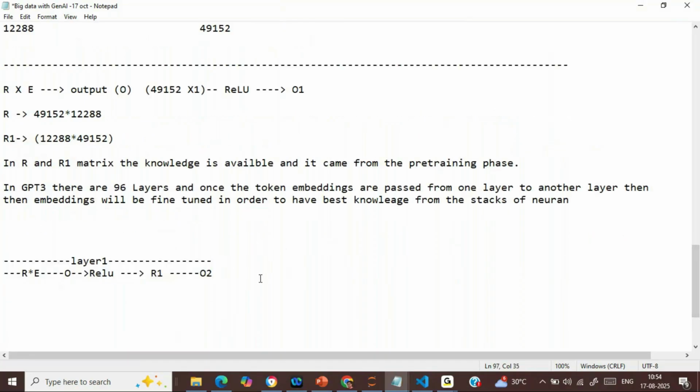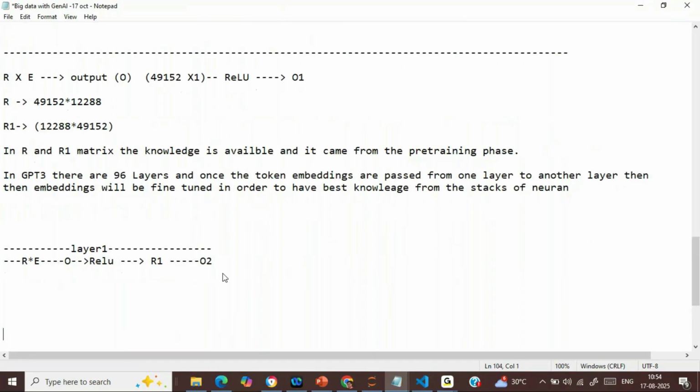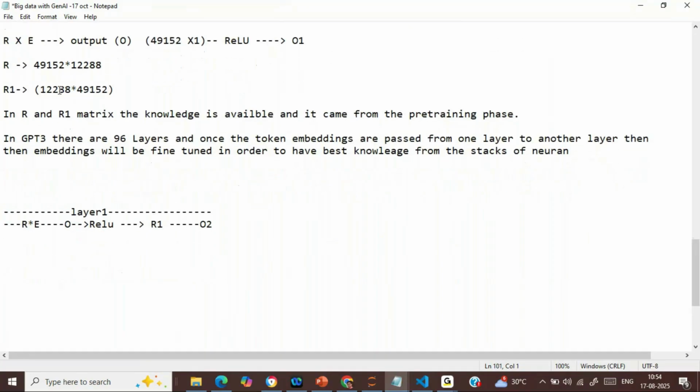And if we are talking about the matrix, we have this particular matrix, the R matrix. If we multiply it, the total parameters are around 600 million.